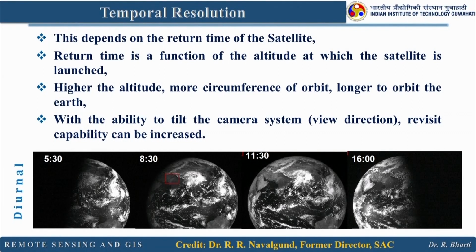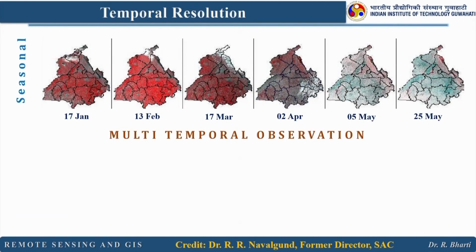But here you can see this particular area has been captured at 5:30, 8:30, 11:30 and 16:30. This is another example for temporal resolution, where red color represents vegetation. So here in this case, on 17th Jan you have more vegetation, here still you have vegetation, here the color becomes dark, here again it is reducing, and then in these 2 cases vegetation is very less.